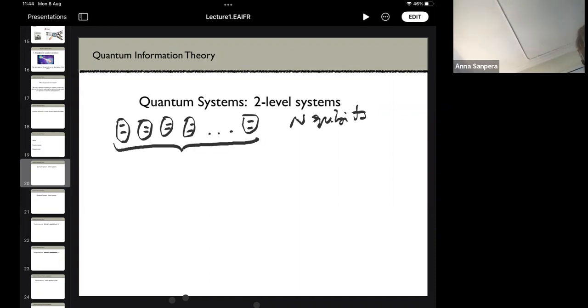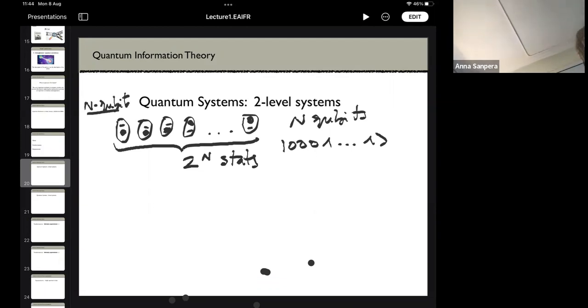Well, of course, in this basis I have 2 to the n, which is very huge. Because I can have, for instance, 0, 0, 0, 1, 1, which will be this one here: the first in the ground state, the second in the ground state, the third in the ground state, the fourth in the excited state, and the last one in the excited state. So I have 2 to the n elements. So now if I want to prepare any of these states, I have 2 to the n states and n qubits.